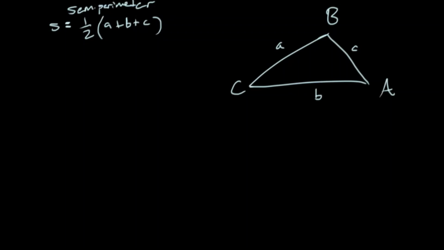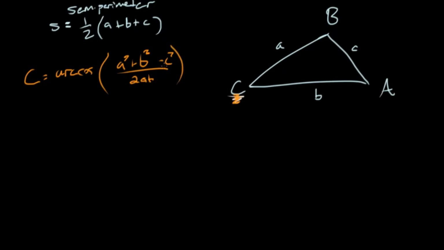The first thing we're going to use when we prove this formula is what we derived in the previous problem, and that is, given a, b, and c, angle C is the arc cosine of a squared plus b squared minus c squared all over 2ab.